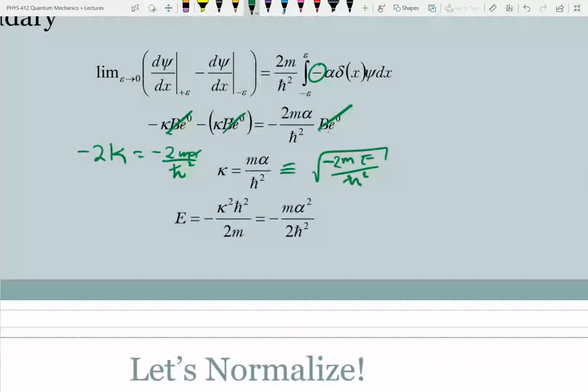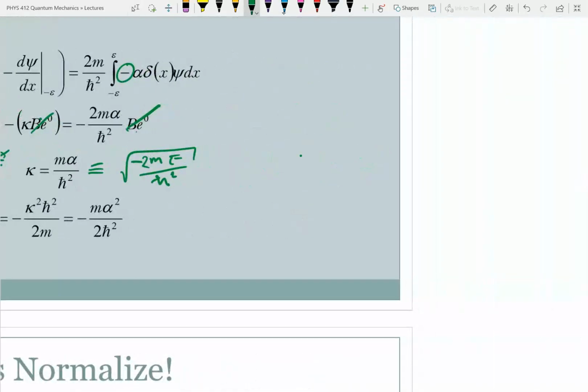So we just take this, we square both sides, and we have m squared alpha squared over h bar to the fourth is equal to minus 2me over h bar squared. I'll just write that down.